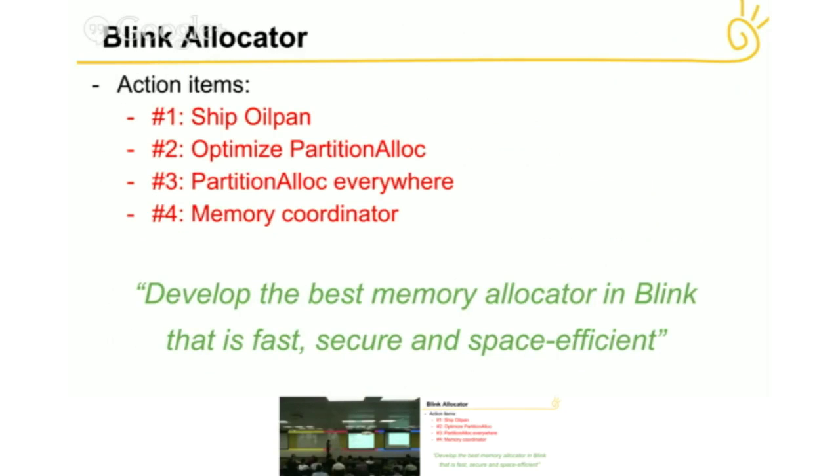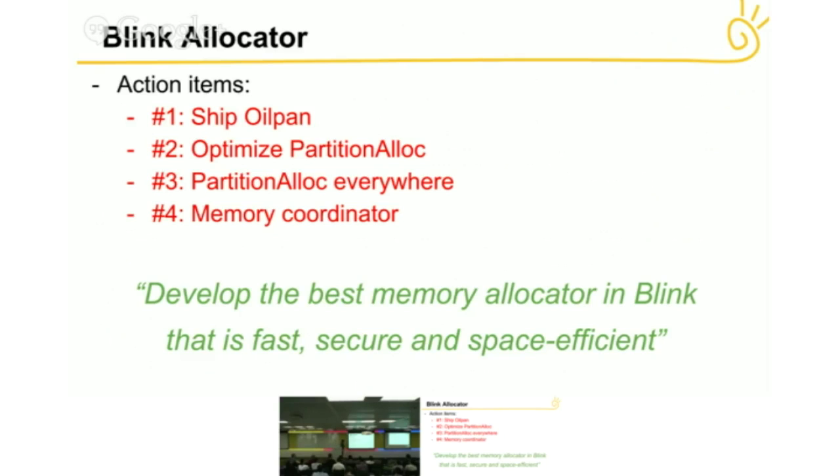Specifically, we have these action items. The first one is shipping Oilpan. This is the first priority. The second one is to optimize PartitionAlloc based on the experience we learned in Oilpan. The third one is PartitionAlloc everywhere, which means we want to replace TCMalloc and the system allocator in Blink with PartitionAlloc.